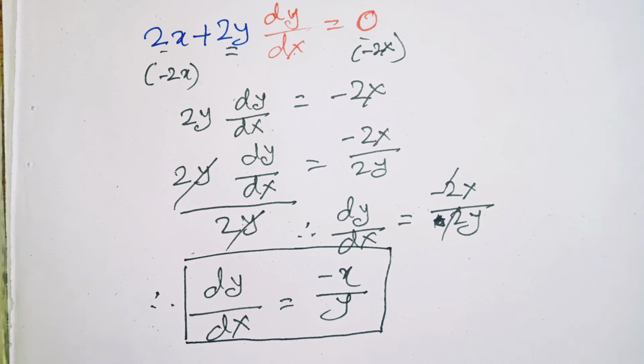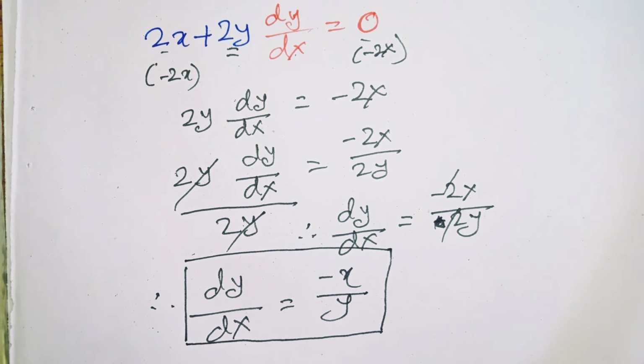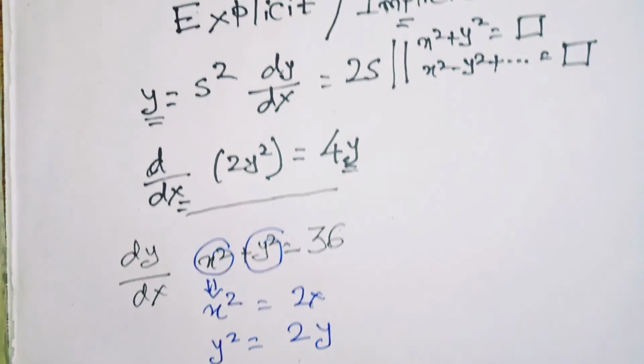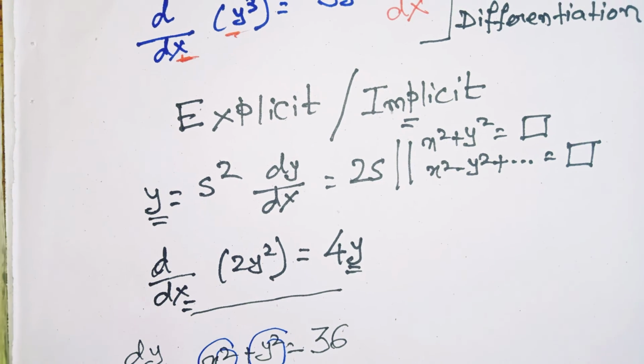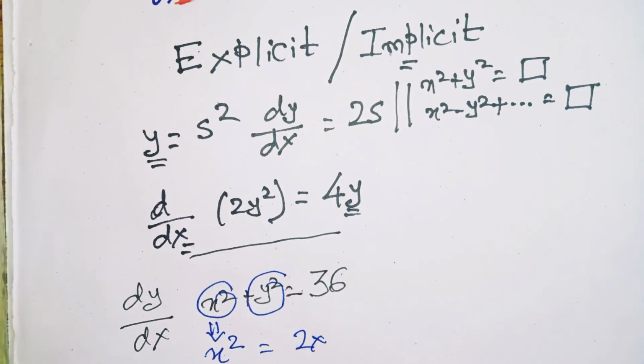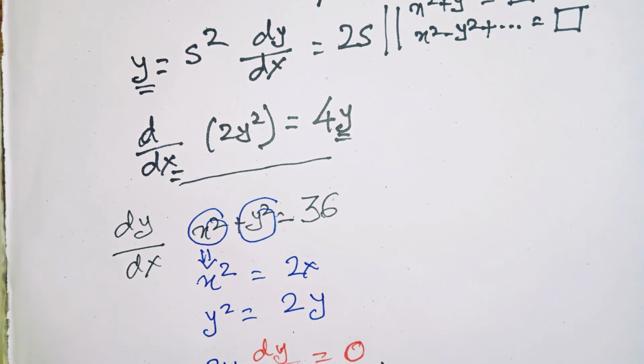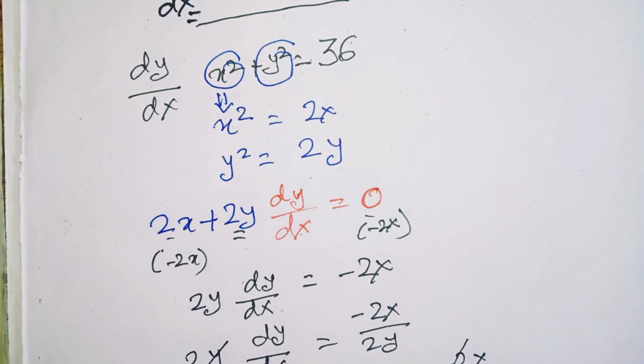So this is our answer. Just to show you, this is actually implicit differentiation. We are learning the difference between dy by dx and d by dx, but obviously these things come into play, the explicit and implicit. Just note that when you get an expression like this, where you are not getting something like y equals, then you have to use this particular method.